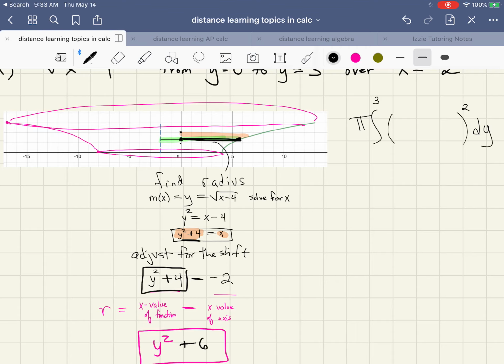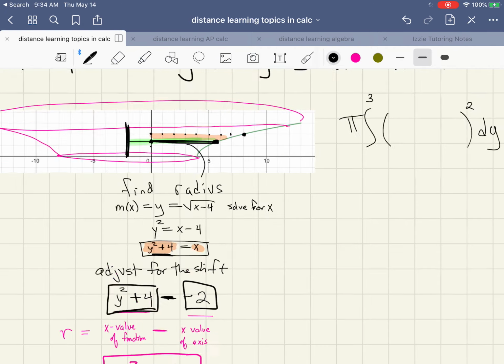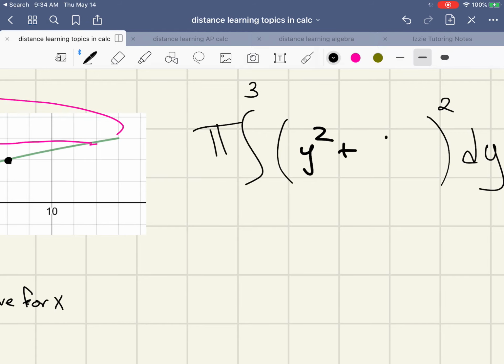So that would be right here. Y is equal to 2, square it, 4, add 4, we're at 8, just to double check. Then we subtract the value of that vertical line, which is -2, minus the -2 is add 2, so we get y squared plus 6.